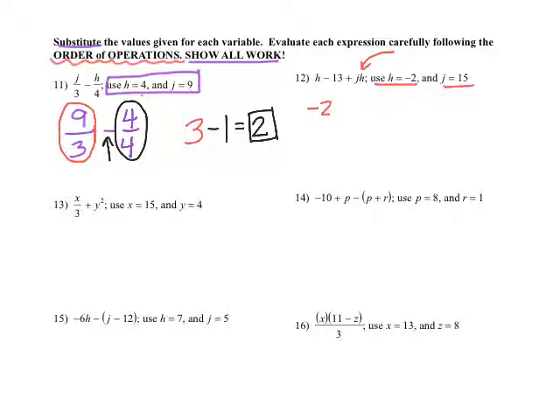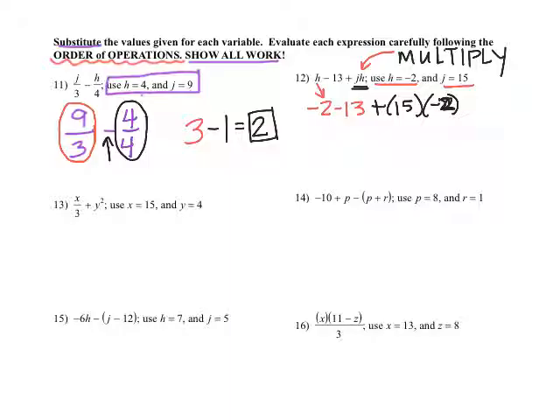When these two letters are right next to each other, that means that you need to multiply. Okay, so multiplication is going to take place here. So I have to put the sign, that's an addition sign, and then I'm going to multiply 15 times negative 2, J times H.